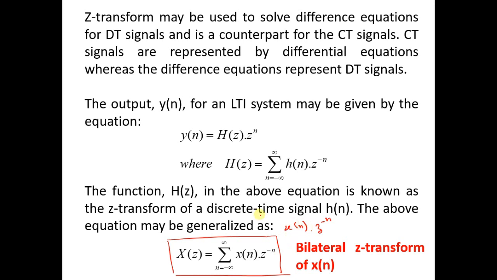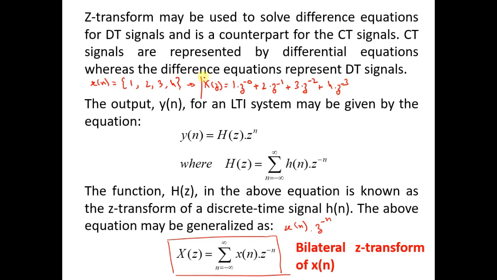Okay. Say for example, our x of n is given by 1, 2, 3, 4. So X of z will be given by X of z equals 1 into z to the power minus, what is the n value over here? 0. True. Plus 2 into z to the power minus 1, plus 3 into z to the power minus 2, plus 4 into z to the power minus 3.